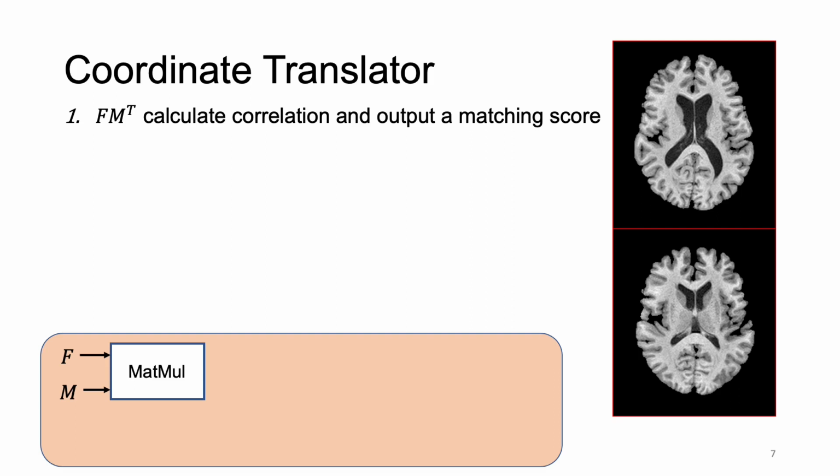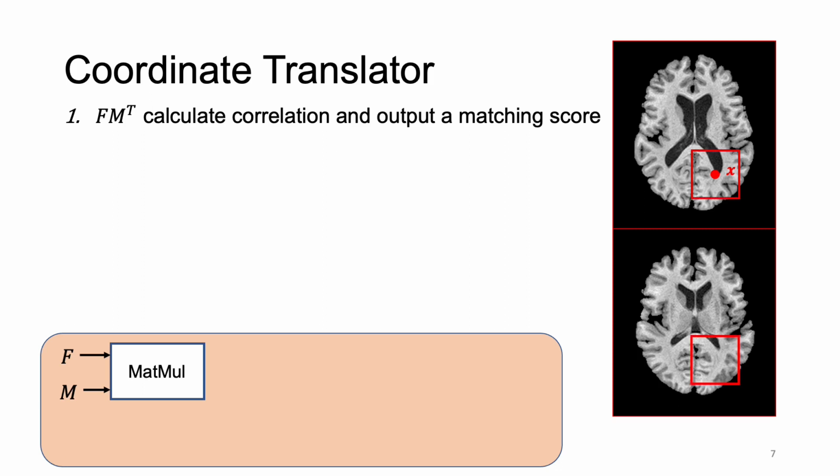We realize that the first matrix multiplication in the attention is actually calculating a correlation between every voxel in F and every voxel in M, and its output can be interpreted as a matching score for every pair of voxels. In many cases, the fixed and moving images are already roughly aligned, for example, by an affine transformation. So for a given voxel location X, shown in the fixed image on the top, we only need to compare it with voxels in its neighborhood area.